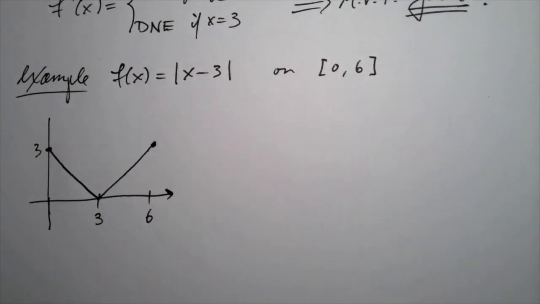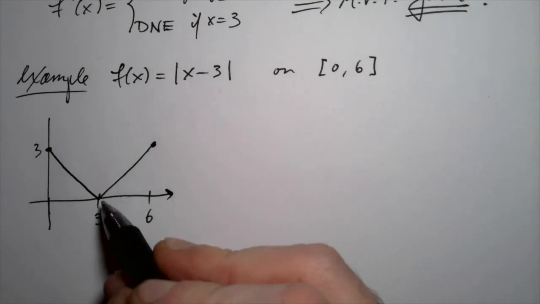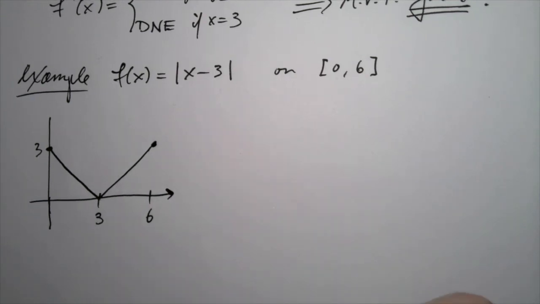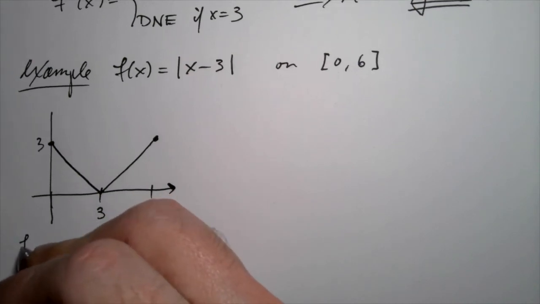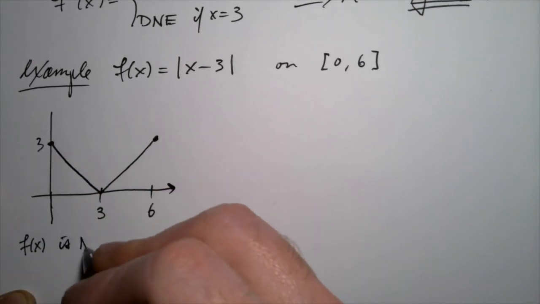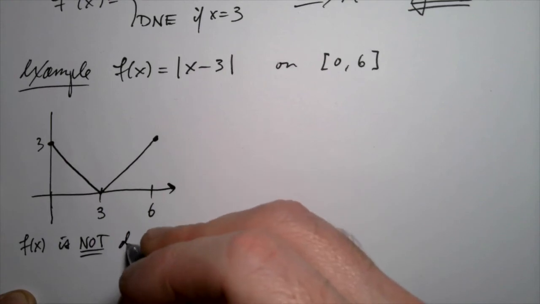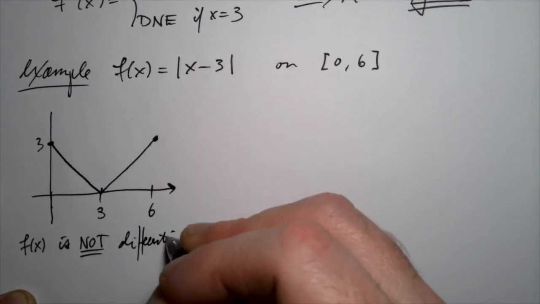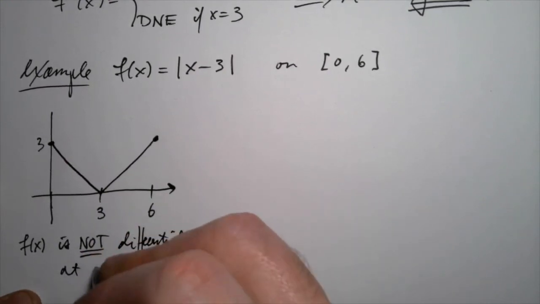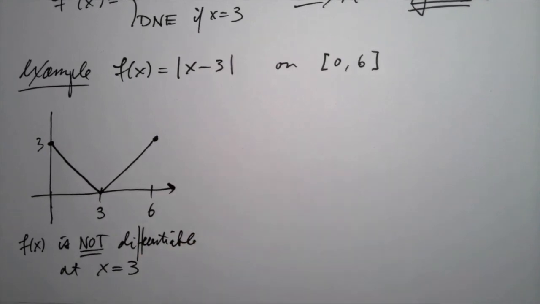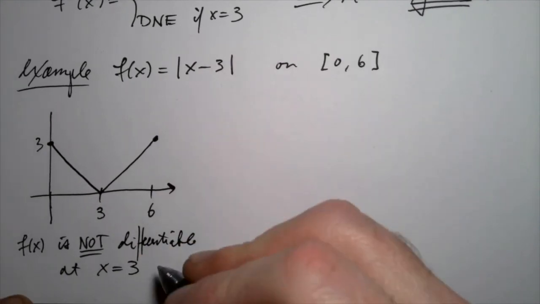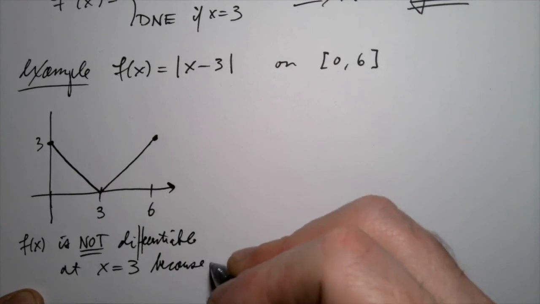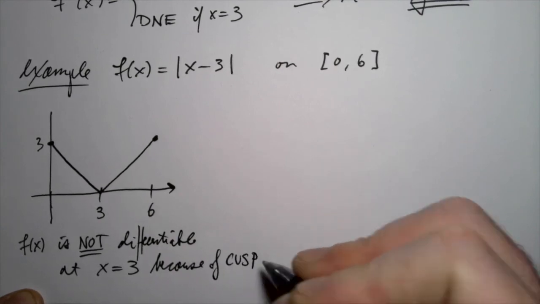This sharp V shape. Remember that because of this cusp, this function is not differentiable at 3. So f of x is not differentiable at that midpoint of the interval at x equals 3 because of the cusp. Because of that sharp corner.